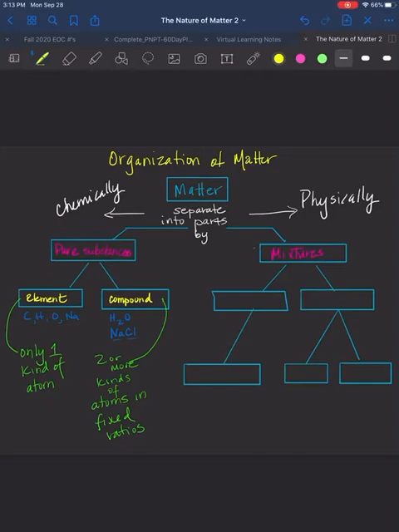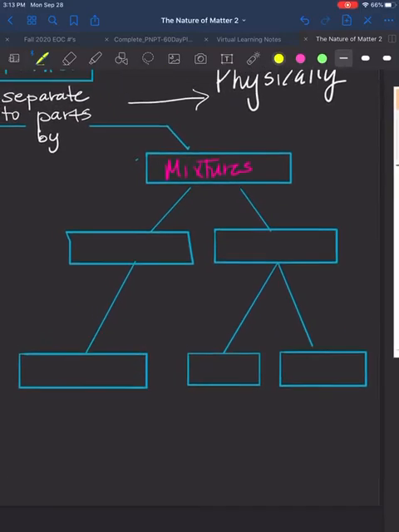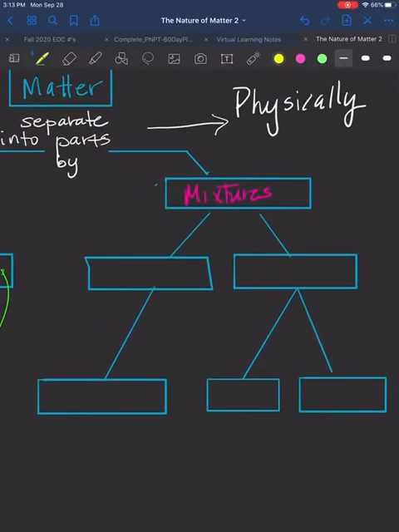There are two types of mixtures, okay? And those are called homogeneous mixtures or heterogeneous mixtures, right? And if you've had biology, then you will probably remember terms like homozygous or heterozygous.